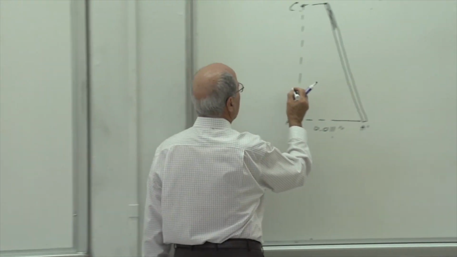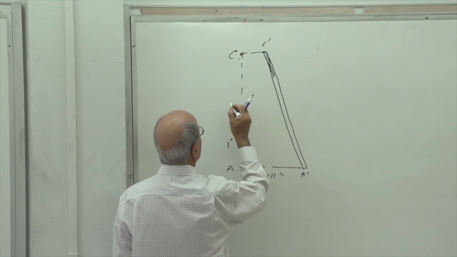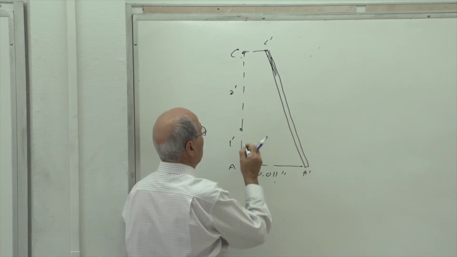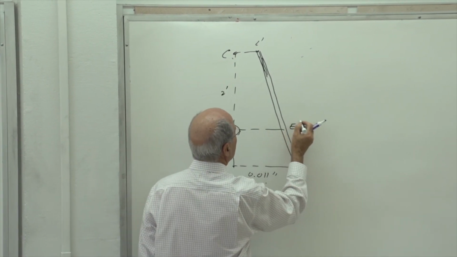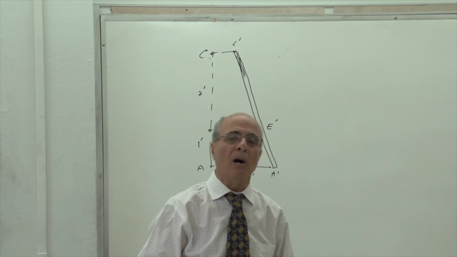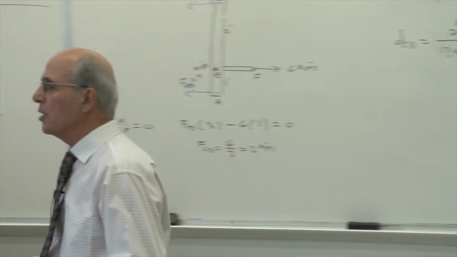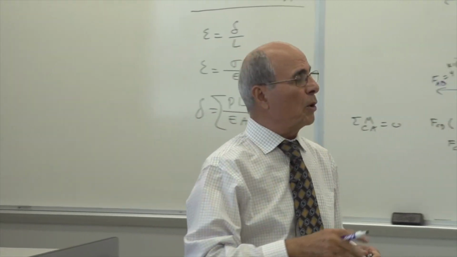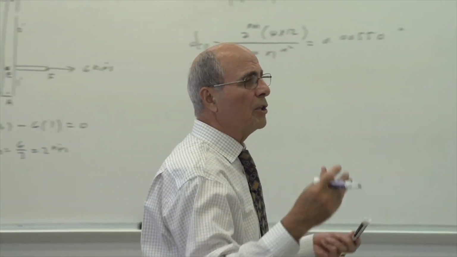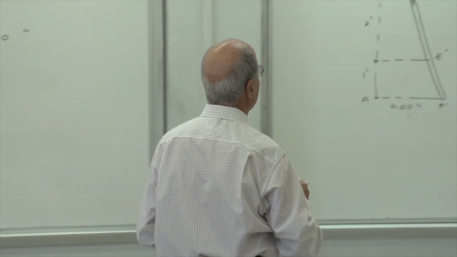Where is the E? E is the ratio. Look, this was 1 foot. This was 2 feet. Now, this E has moved to here. You see that? This becomes a geometry problem that everybody should be able to do. Is that understood? Yes? In the book, they calculate theta, but I do not do it that way. What I do is this for you guys.